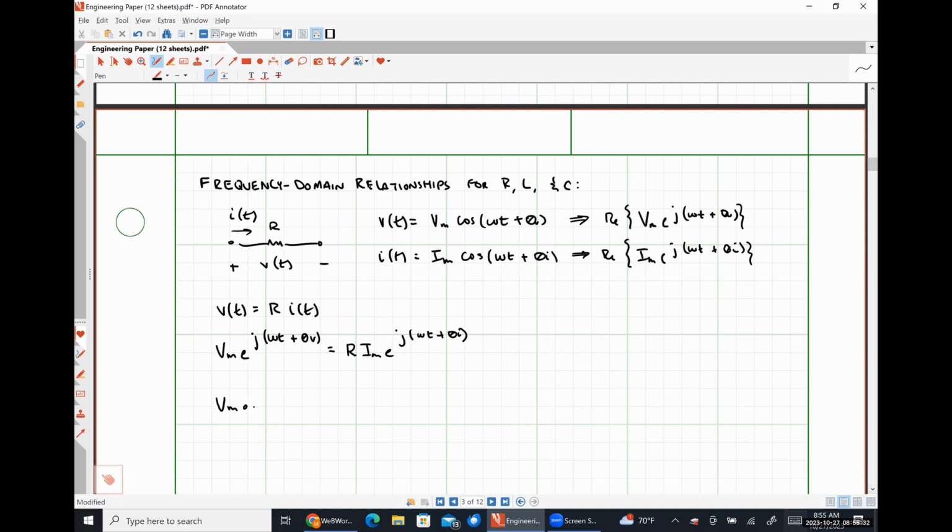So e to the j omega t plus theta v could be written as e to the j omega t times e to the j theta v.